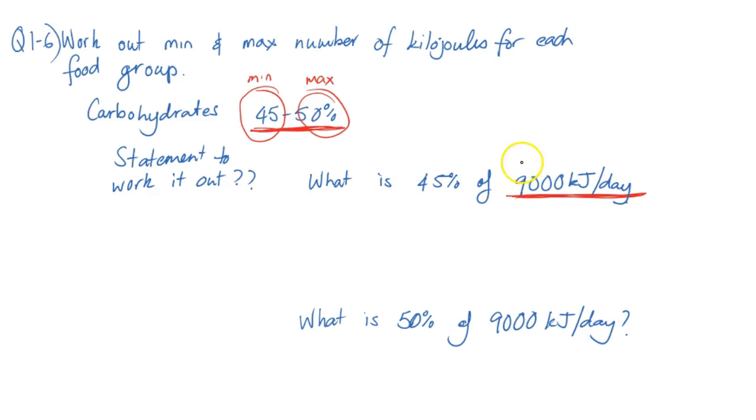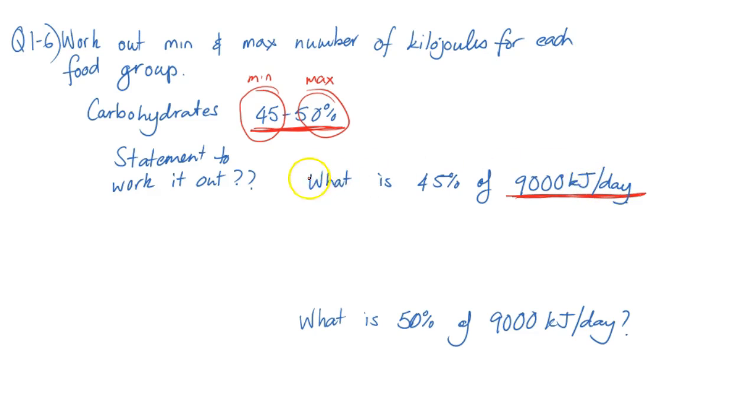Now in your head you'll know that 50% of 9,000 is going to be half of that, which is about 4,500. But we also need to figure out what 45% is as well. So here's our statement: I need to know for the minimum what is 45% of 9,000.